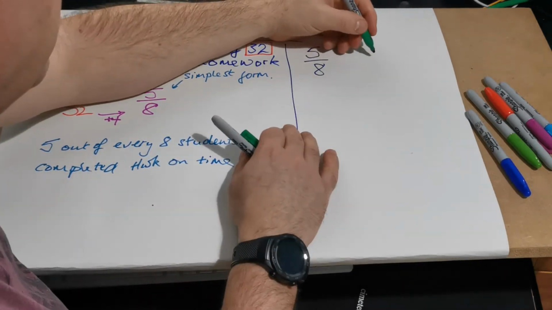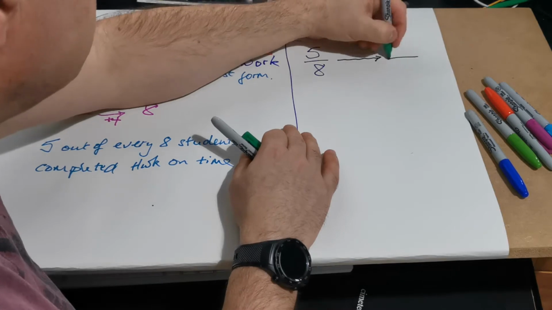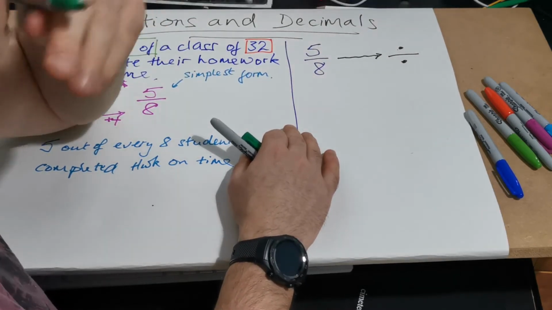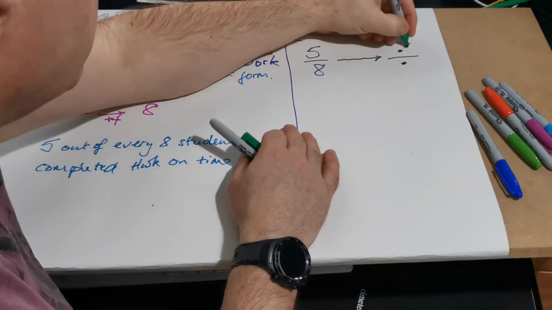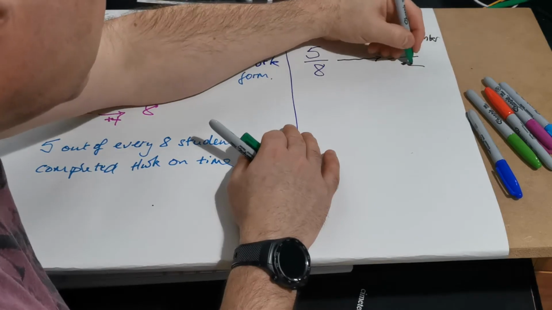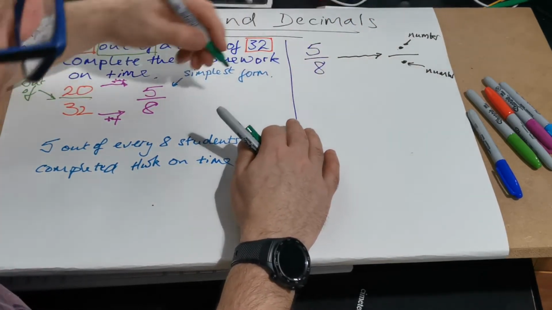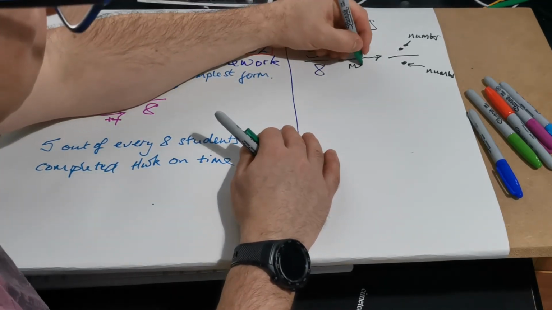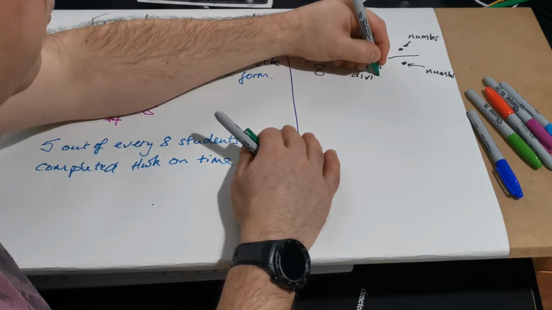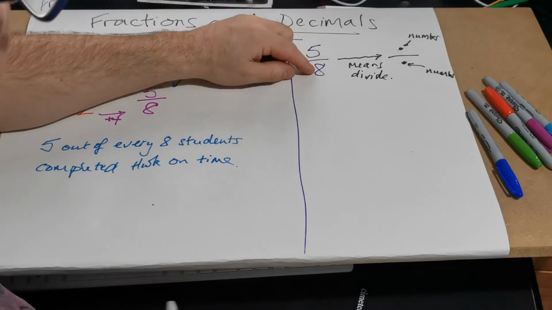If I think about this middle line, with a number here and a number here, you can see that this line means divide. And all through maths history, that symbol has always meant divide.